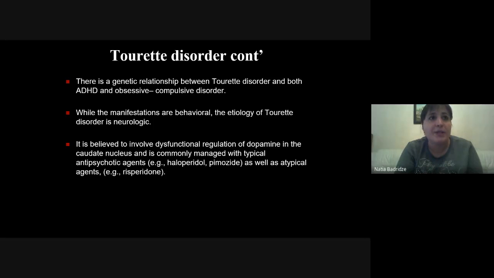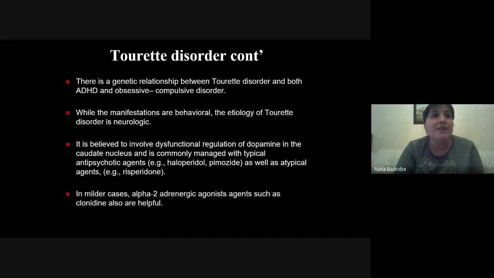Risperidone, as you know, is a second generation antipsychotic, and it is also used to treat Tourette disorder. In milder cases, alpha-2 adrenergic agonist agents such as clonidine can also be very helpful. But in severe cases, antipsychotics are prescribed to manage this disorder.